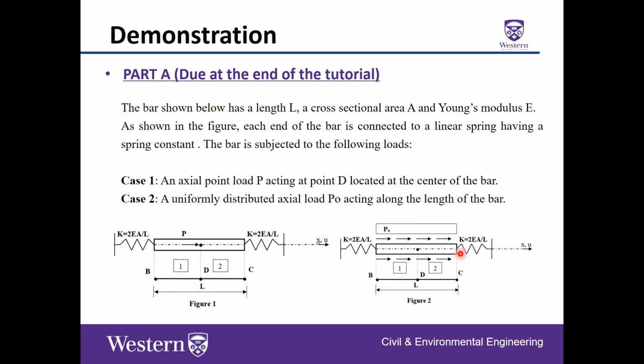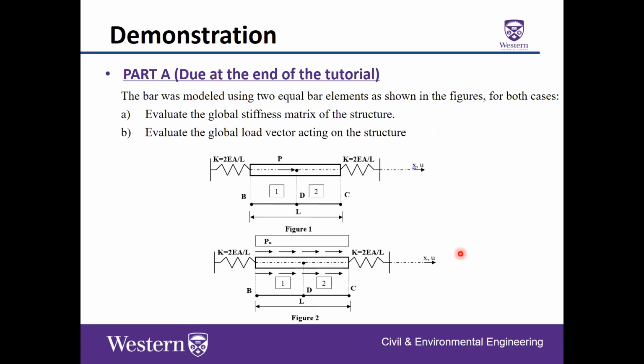So those are the basics. Again, I need to stress that those are the basics, and understanding that very well will help you to be able to solve more complicated problems. All right. What do we want? We want you to evaluate the global stiffness matrix of the structure for each of them, and to evaluate the global load vector acting on that structure.